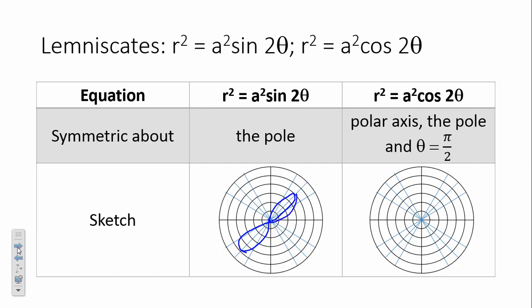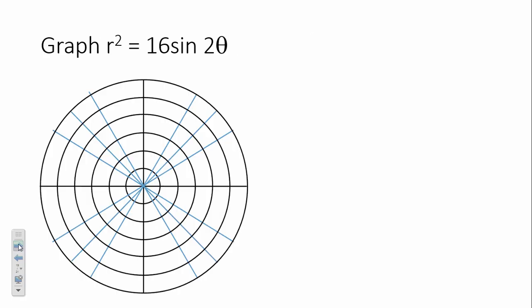And they're actually kind of wider than our rose curves. Okay, they kind of look like propellers on a plane. Okay, so 16 is going to be a squared here. Okay, so you need to be careful with this.